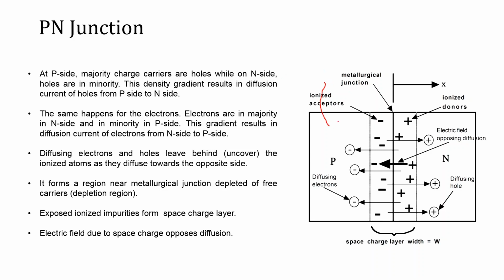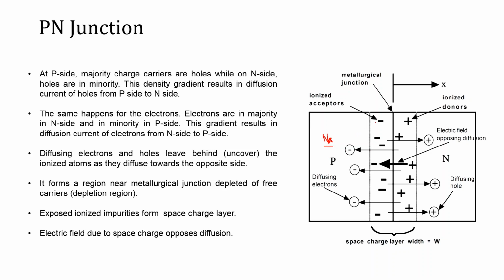As we discussed in our previous video, let us say we added Na number of acceptor atoms on the p side, so it will generate approximately Na number of holes per centimeter cube on the p side. So Na is the density of acceptor atoms. It will result in Na density of holes.